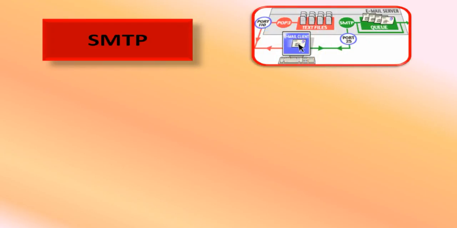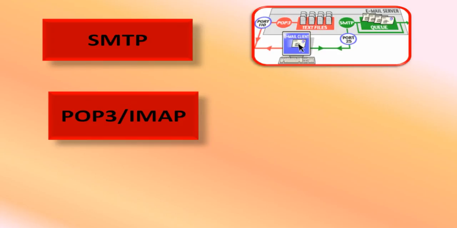Our next topic is SMTP. SMTP stands for Simple Mail Transfer Protocol. It is a TCP/IP protocol used in sending and receiving email. It is used with one of two other protocols, either POP3 or IMAP. Next one is POP3 or IMAP.